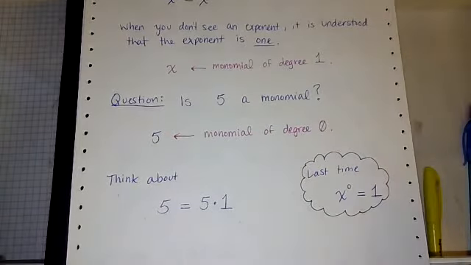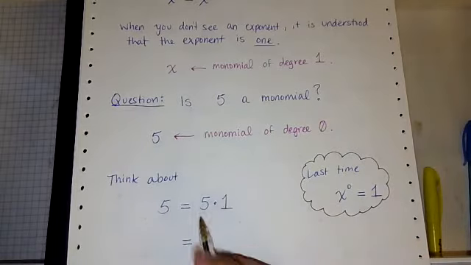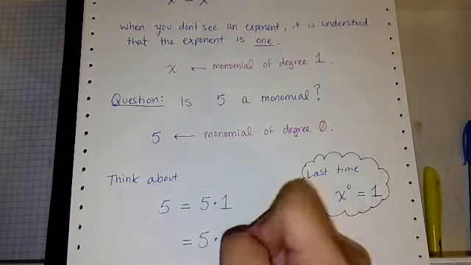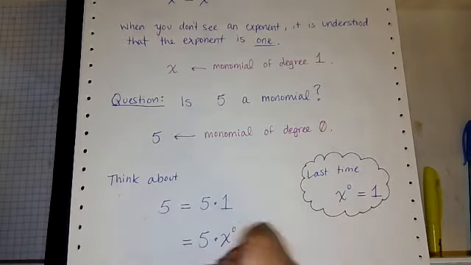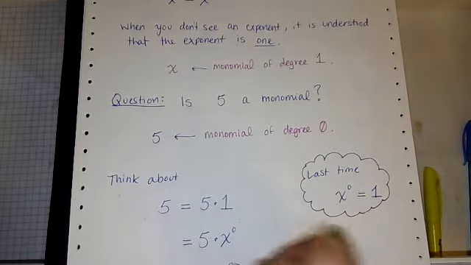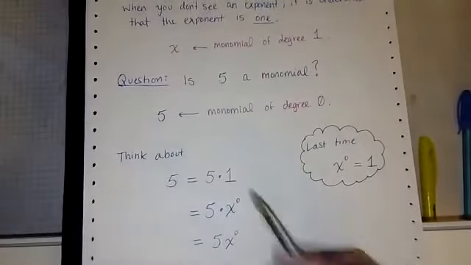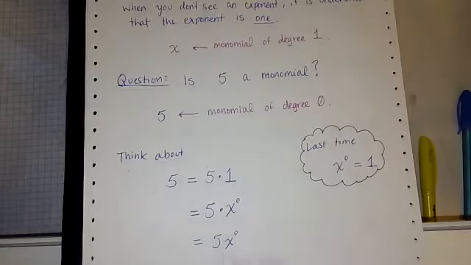So what if instead of calling this 5 times 1, we called it 5 times x to the 0 power, or simply 5x to the 0 power? Right? We don't have to show the dot here. We have implied multiplication.